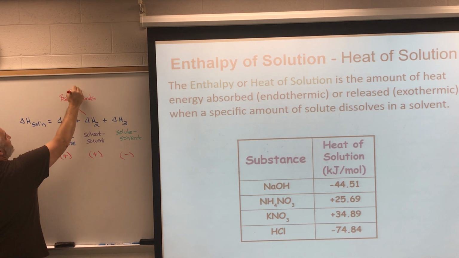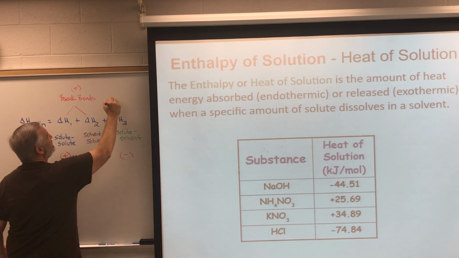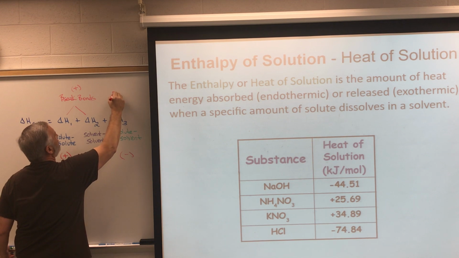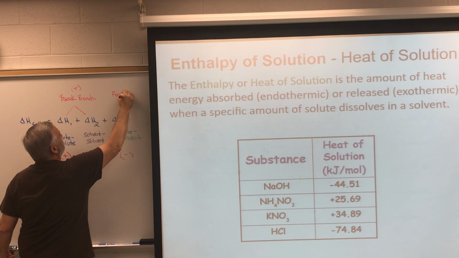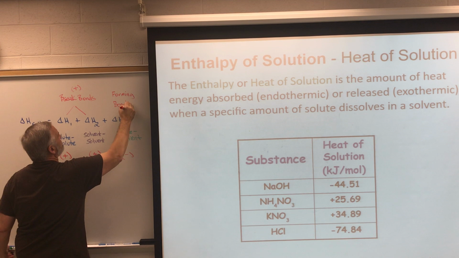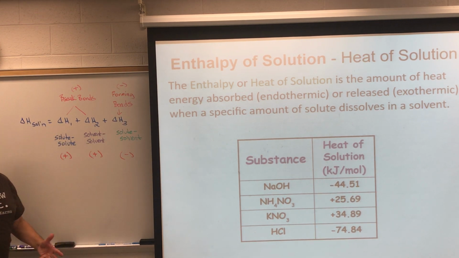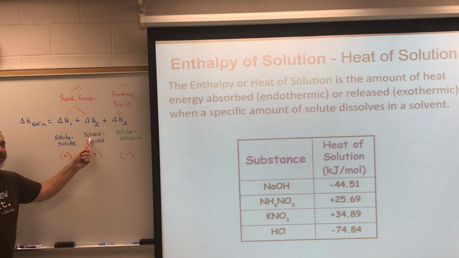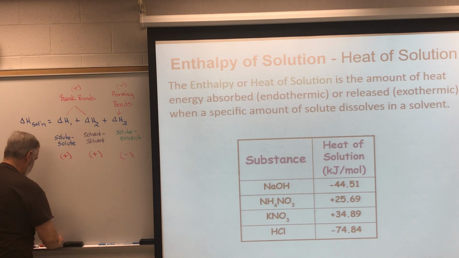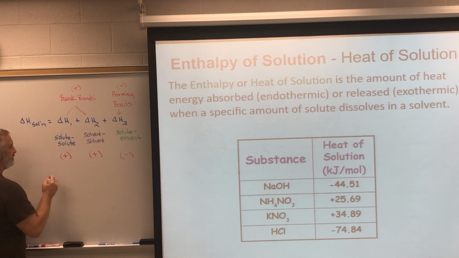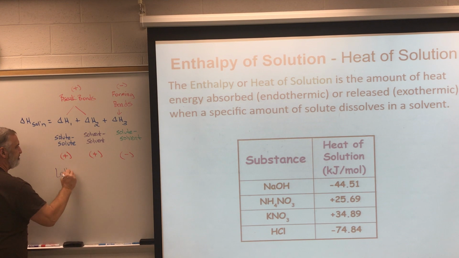There's always going to be a positive heat of solution. This is bonds forming. That's always going to be a negative, an exothermic, a release of energy. So the overall heat of solution depends upon how strong the bonds are. Really, this is known as your lattice energy.